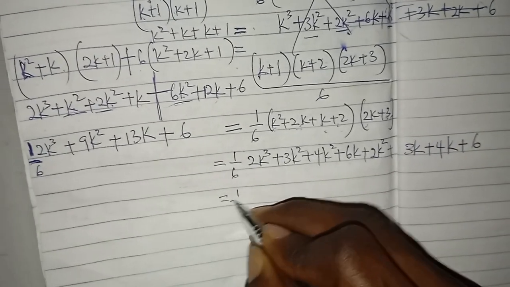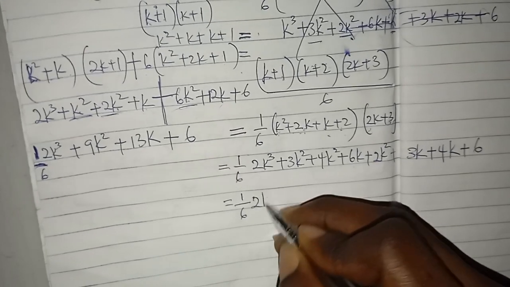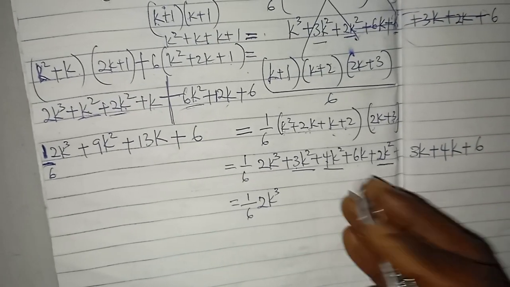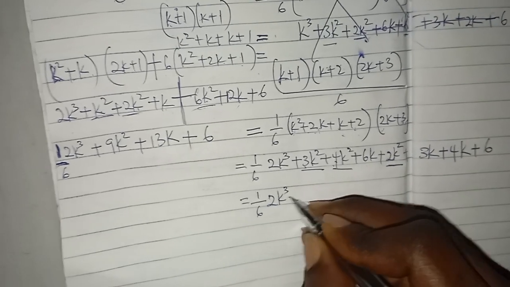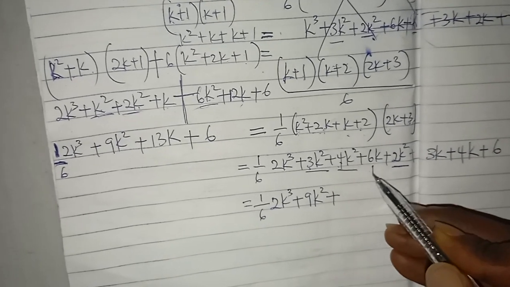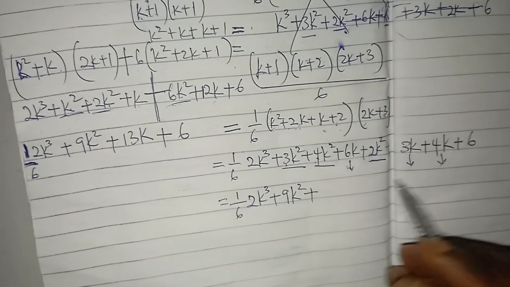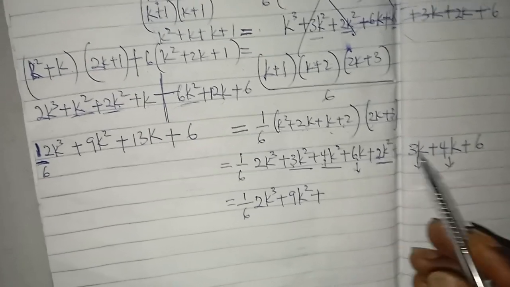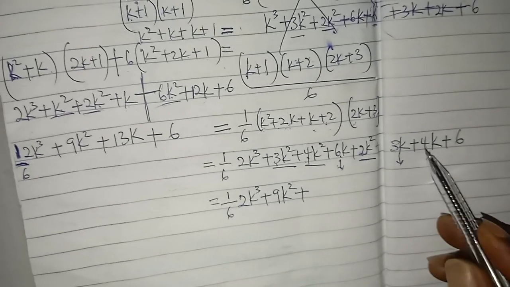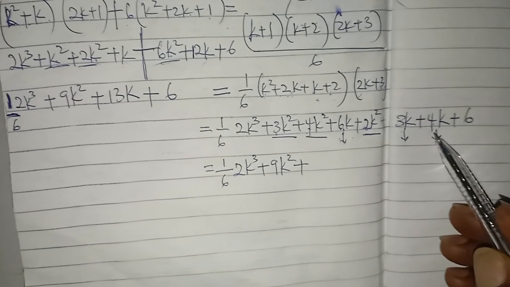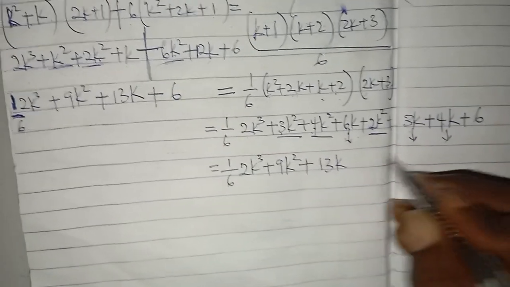So notice that this is going to give me 1 over 6, 2k cubed, k squared, k squared, k squared. So 7, 8, 9, plus k. 6k plus 3k is 9k, 9k plus 4k is 13k, then plus 6.